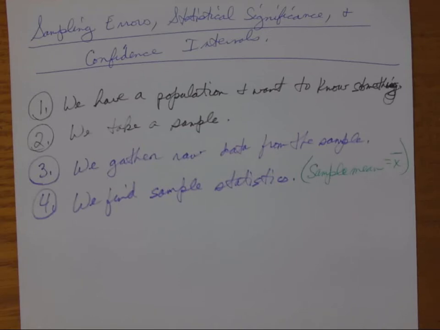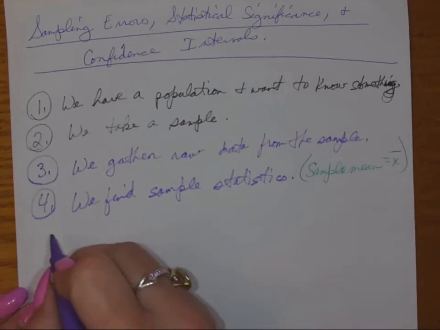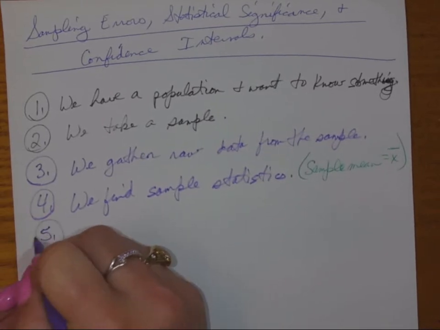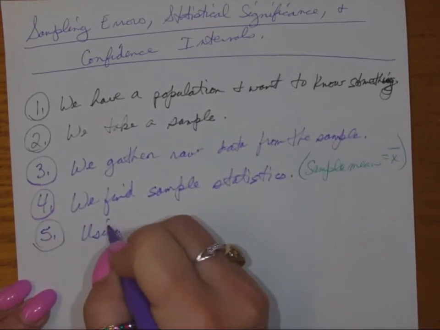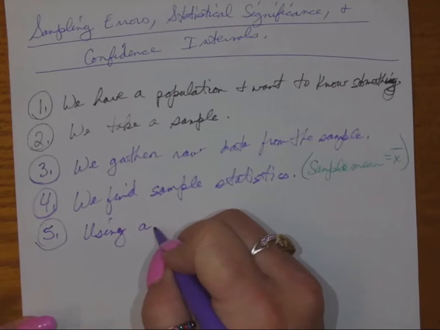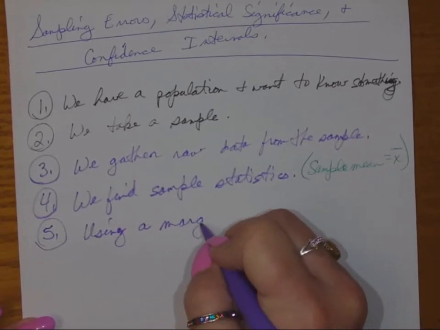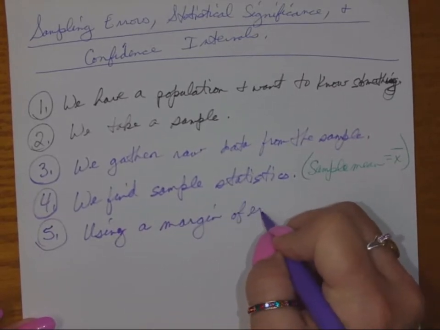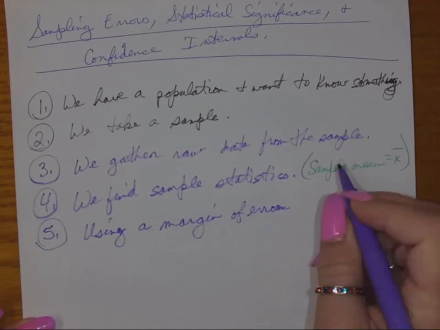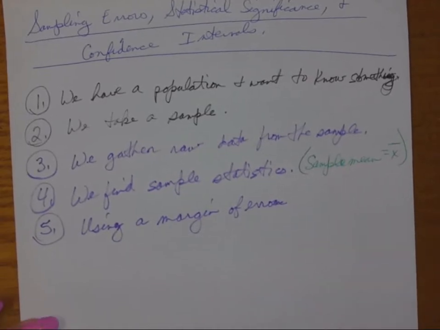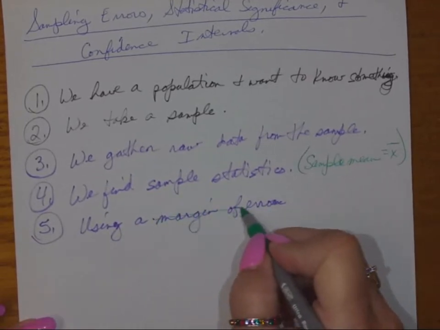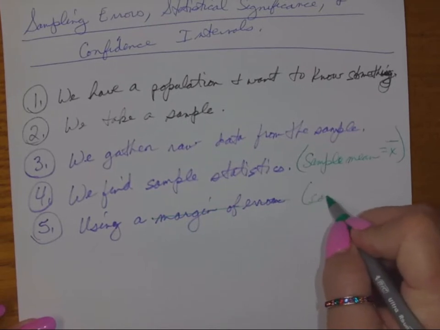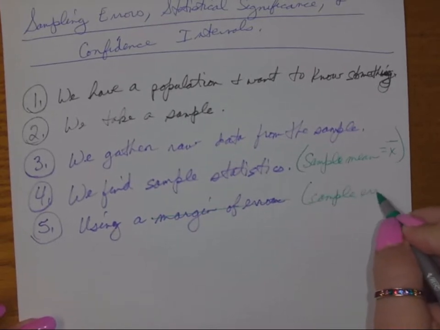So we do our sample statistics, and then if you'll remember, we said the next thing we'll do is using a margin of error. That's what we said at the beginning of the semester, but now we're going to change that. It's the same idea, but we're going to call it the sample error.